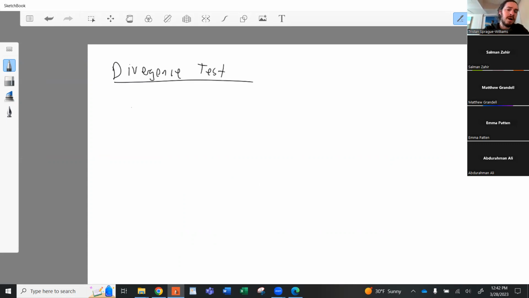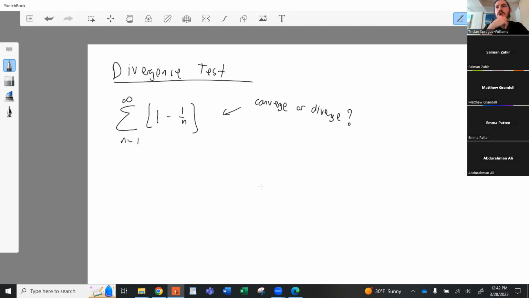If you are looking at this, and the question is, does this converge or diverge? We can apply the divergence test. And remember, the divergence test is a quick test for divergence.